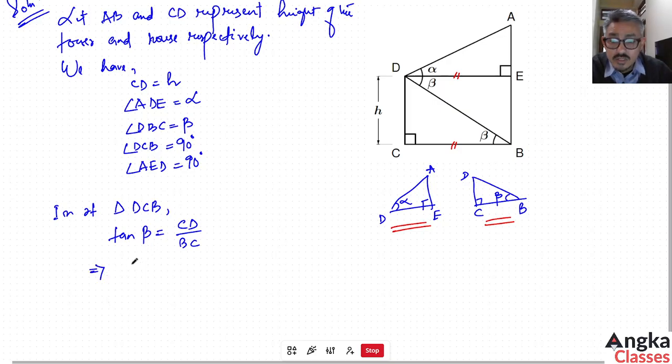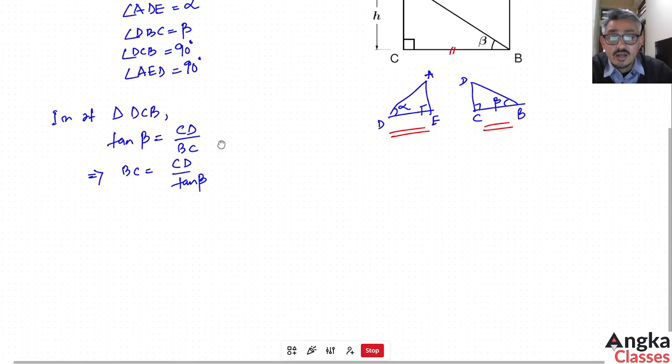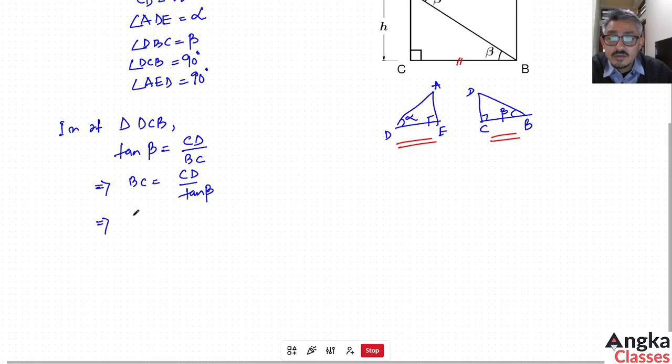So BC is equal to CD by tan beta. CD is the height of the house, which is h, so BC is h by tan beta. We will call this equation 1.